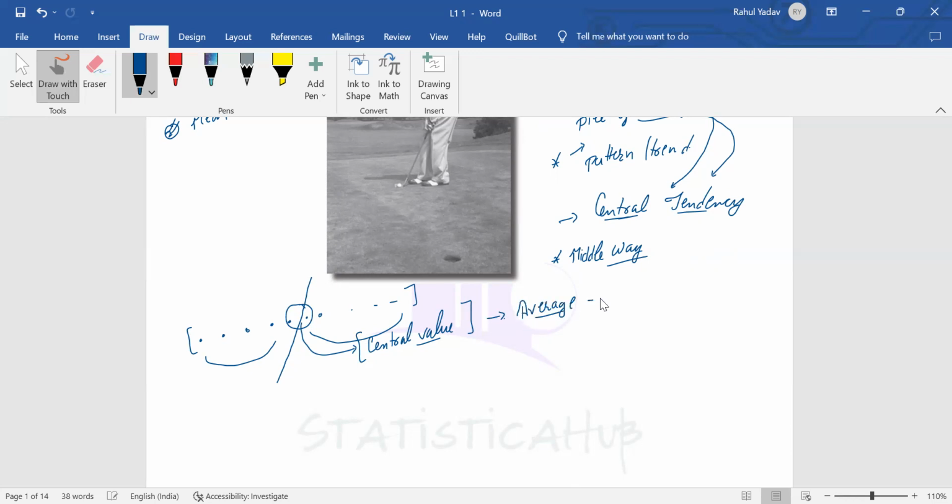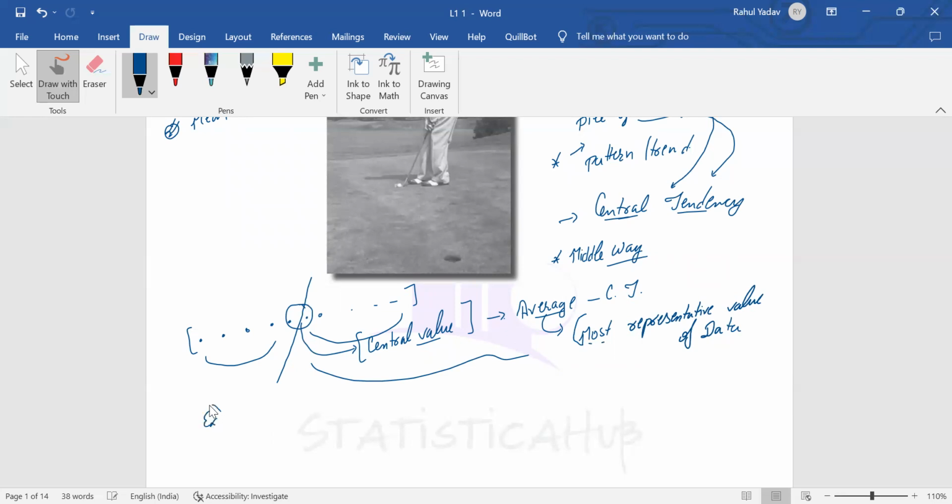This average, known as central tendency, is the most representative value of our data. So this can be the most representative value for the data.